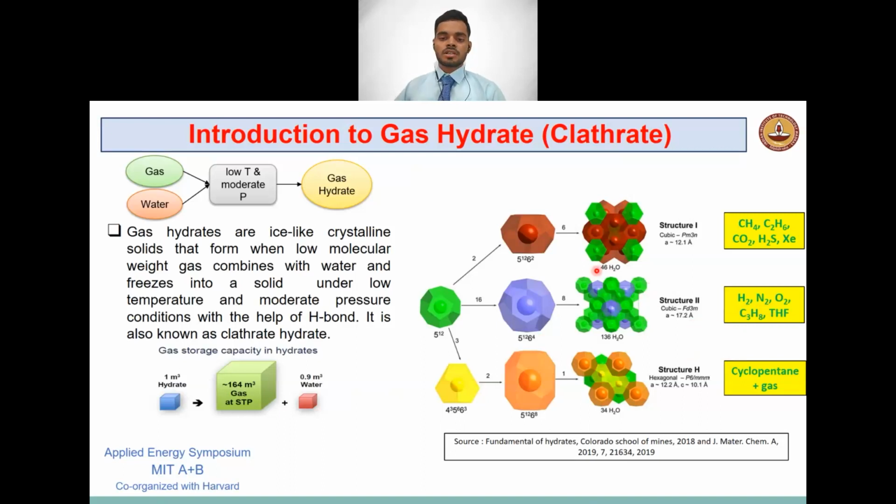Because more smaller cages are available here, they prefer smaller size molecules. Structure H hydrate is formed via three small cages, two medium-sized cages, and one large cage, which can trap larger molecules with the presence of one more gas molecule.